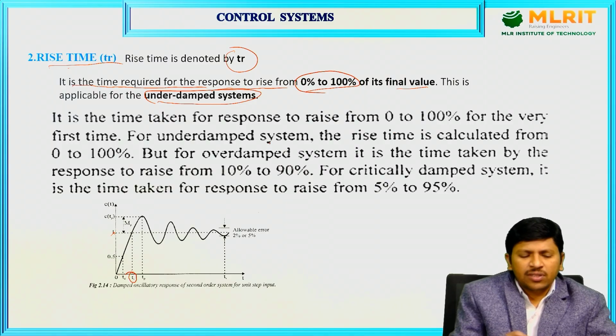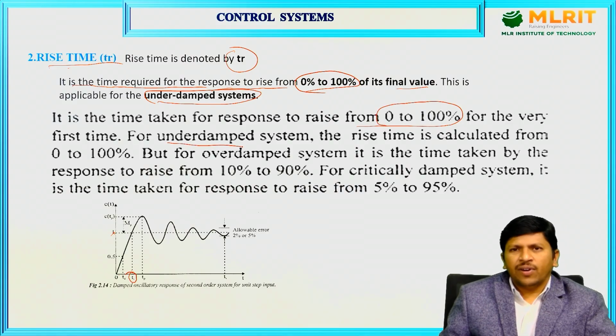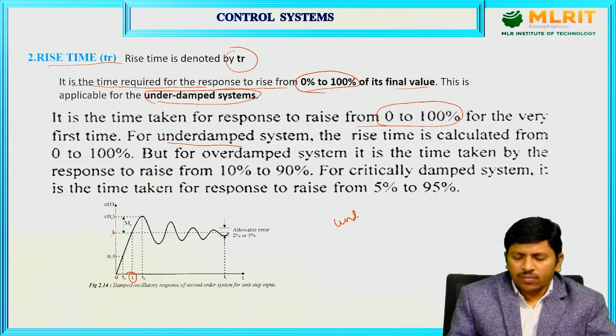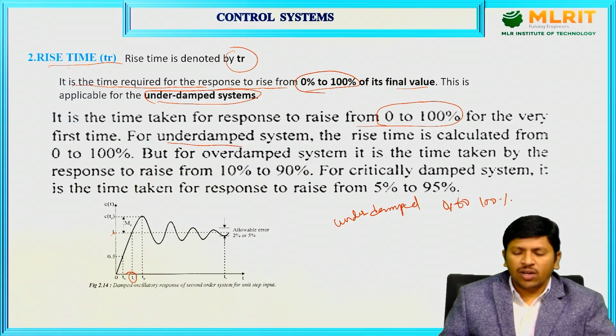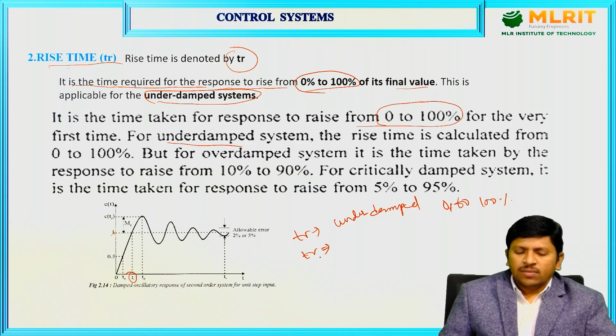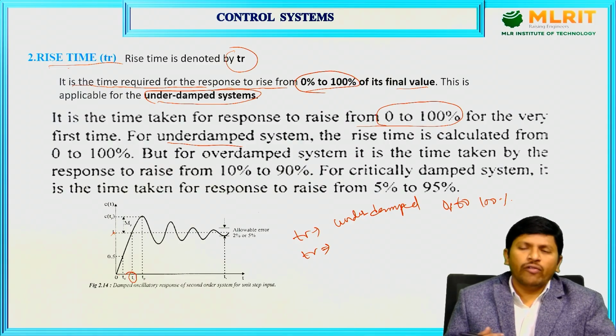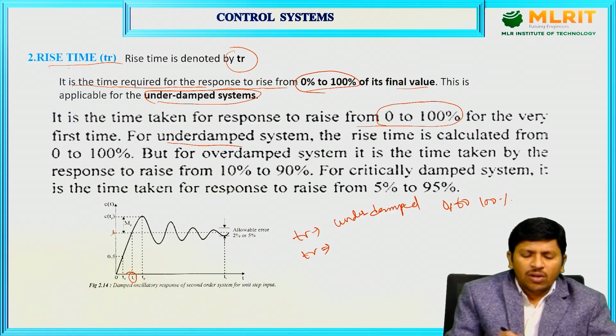The rise time for the underdamped system is 0 to 100%. For any damped system, for a critically damped system, observe, it is 5% to 95%, or else for the overdamped condition it is 10% to 90%.